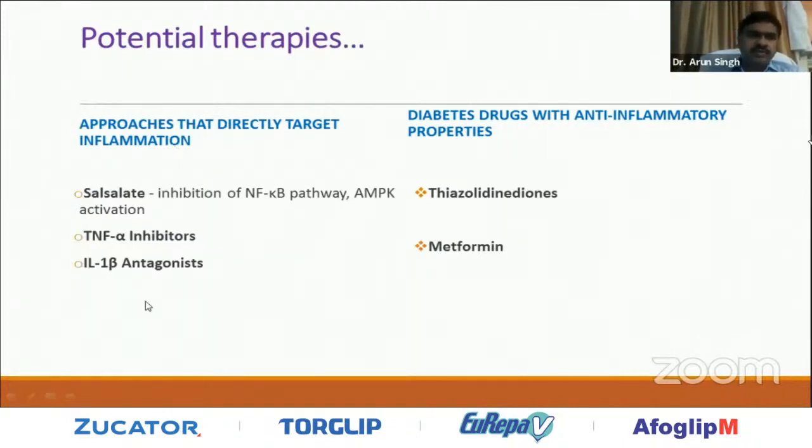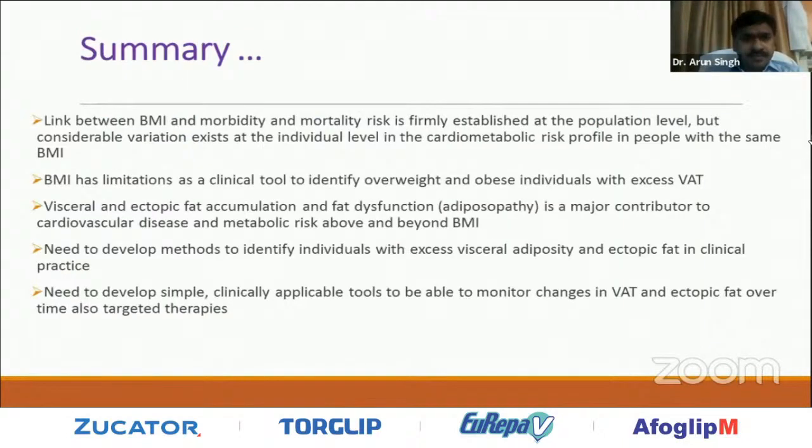These molecules are in the pipeline, and a few studies have been done and shown some benefit in reducing systemic inflammation and even in reducing HbA1c, blood pressure, and cholesterol levels. And there are anti-diabetics as well, especially the insulin sensitizers, which address the issue of adipocyte dysfunction. So they are already in widespread use.